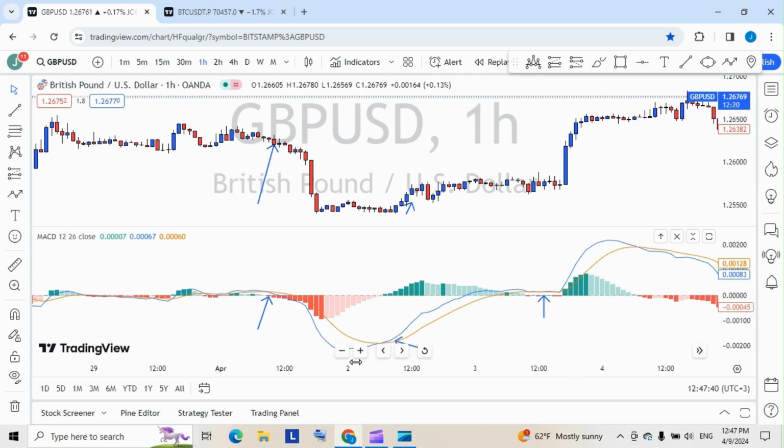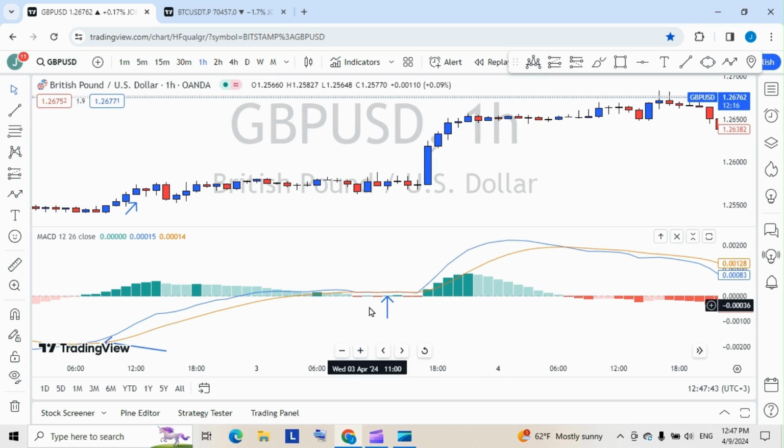You can't see whether the orange line is covering the yellow line, or whether the signal line is covering the MACD or the MACD is covering the signal. So you want to stay away from this kind of entry. It is a ranging or choppy market. So you want to wait to see another legit crossover.